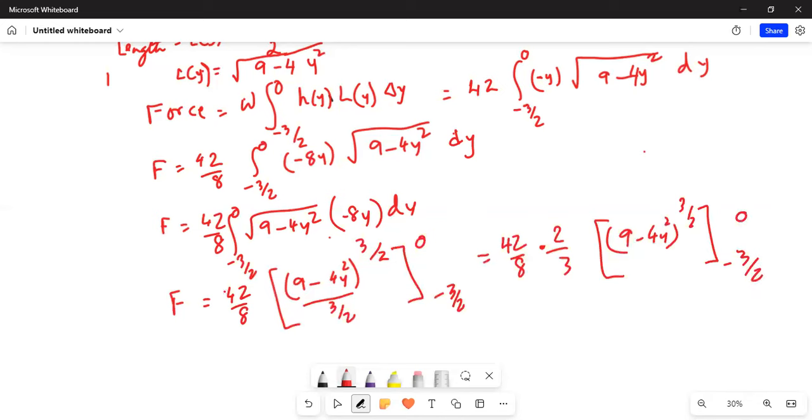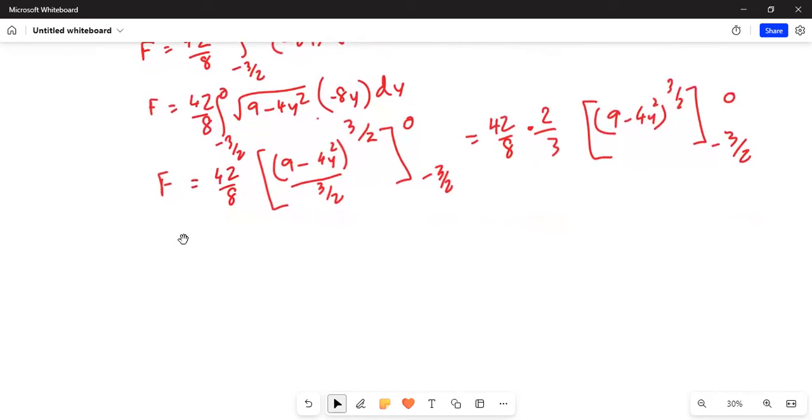Now we have to plug in the limits carefully, and we have to also cancel. So we can do without cancellation. So let's move it up. So F is equal to 42 times 2 is 84 divided by 24. And then we are plugging in the limits.